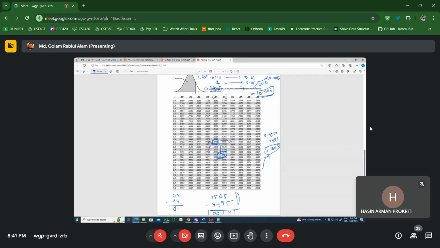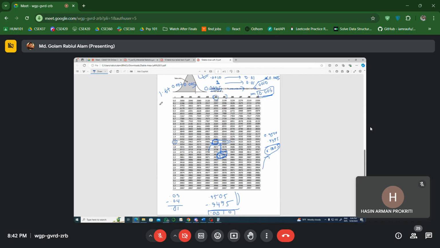Now if we want to find the total standard deviation, it is 1.6 plus the lower bound, which is 0.04, plus, since our value is not 0.9495 but 0.95, the difference, which is 0.005.